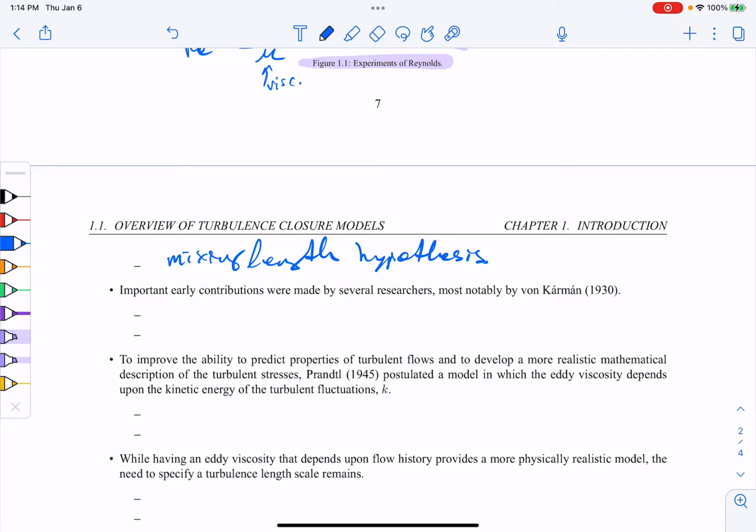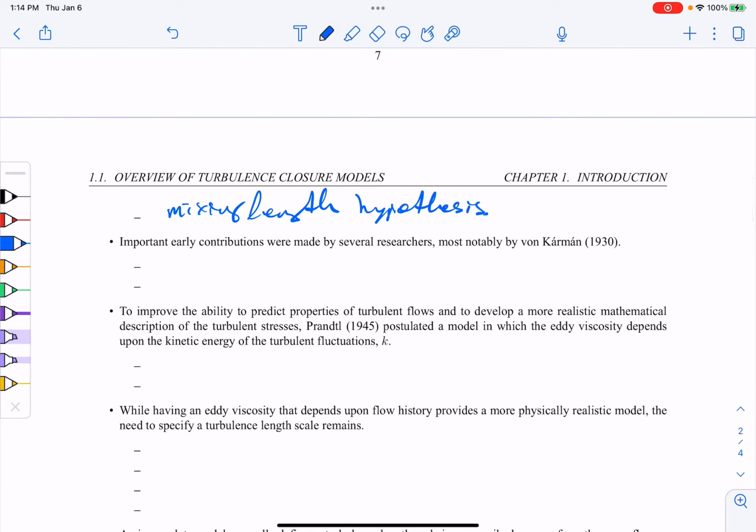Because it's simple to program and to modify laminar boundary layer flow codes. And once you do that, you can also increase their fidelity through algebraic models and differential models. And this dominated everything for the next 20 years in the world of turbulence modeling.